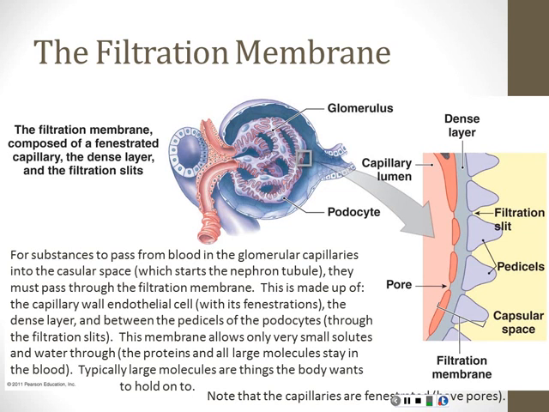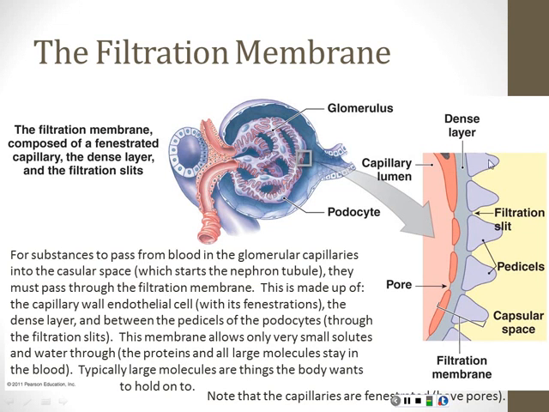And in the glomerulus, that thin sheet we call the dense layer. And just like the pores of the capillaries, the dense layer allows only small molecules through. So it keeps the blood on one side, it keeps the proteins on one side, but it lets tiny stuff like water and glucose and sodium and things like that pass through.